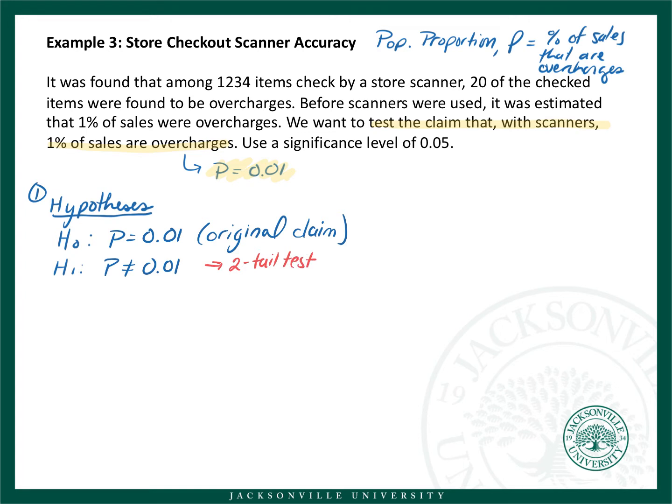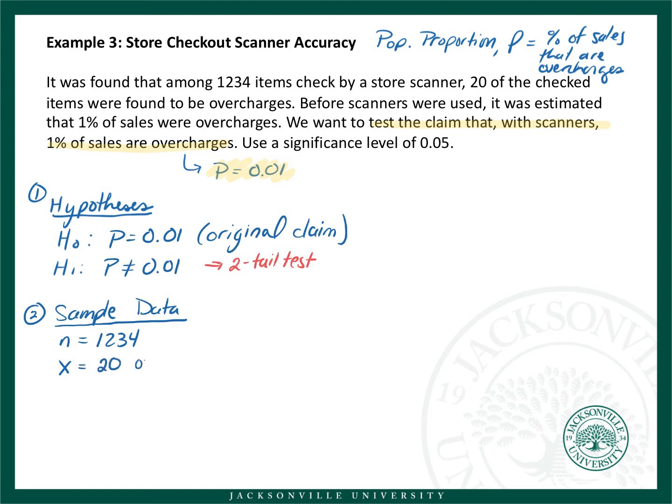All right, once you have the hypotheses written down, the next step is to write down your sample data. What kind of information do we have as far as the evidence that we're collecting to test this claim? Out of 1,234 items checked by the store scanner, that's our N, our sample size. X here represents the number of items that were overcharges.